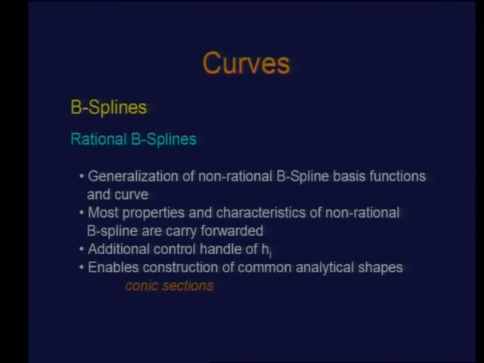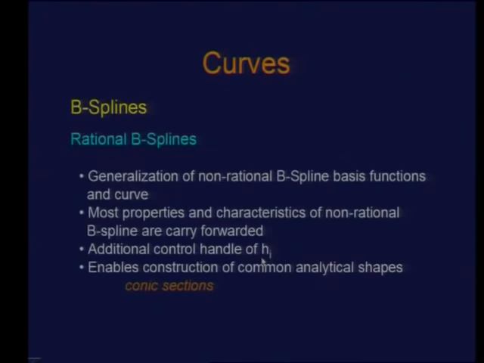So, the non-rational basis functions or the curves are nothing but special cases of the rational basis curve. So, most of the properties and characteristics of the regular B splines which we have seen are carried forward. And what we get is an additional parameter, which is h i, for further controlling the shape of the curve, right.